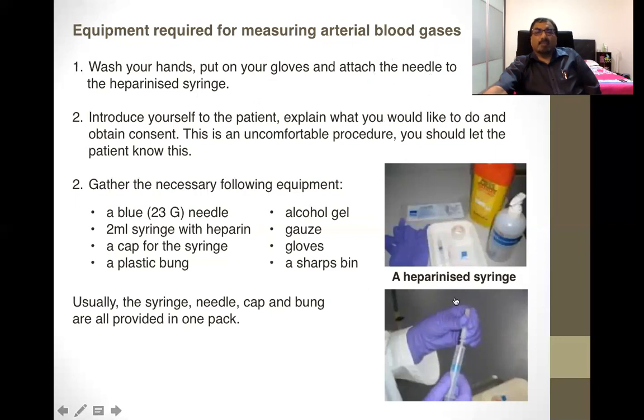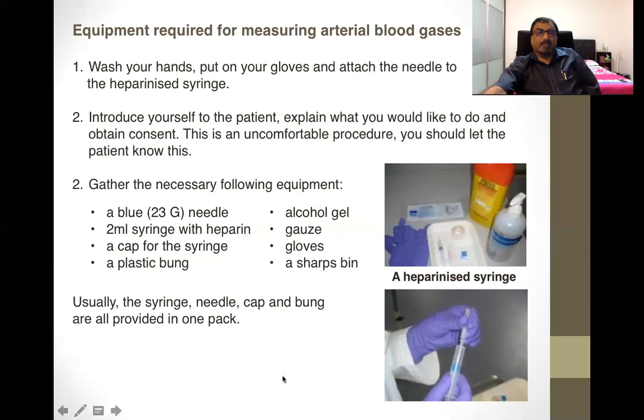Nowadays there is a pre-heparinized syringe which already comes in the kit, and there is a 2 ml syringe with a needle which may be a 23 gauge needle, and this is broadly the method.